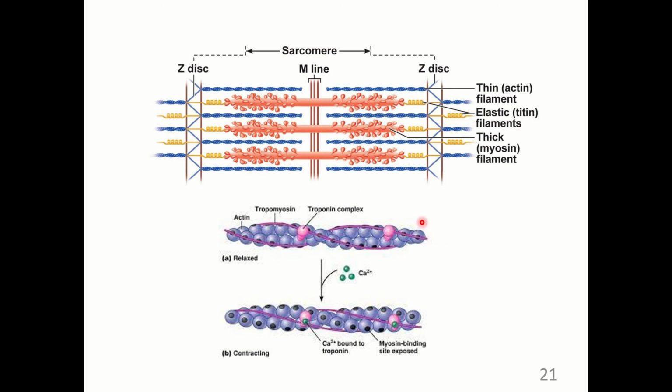The actin myofilaments contain actin subunits and the accessory proteins tropomyosin and troponin. Tropomyosin has the longer name and is the longer protein. That's how I remember it. And troponin is going to be the smaller protein.